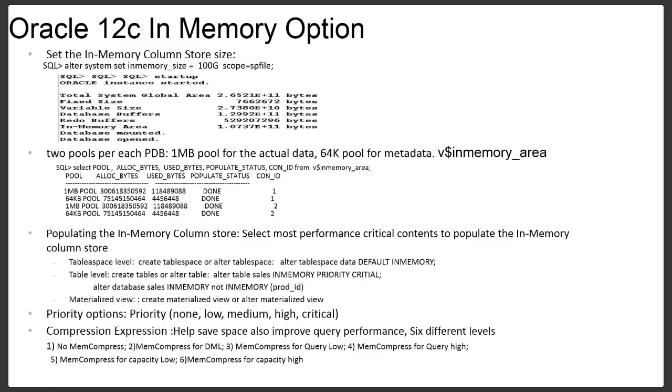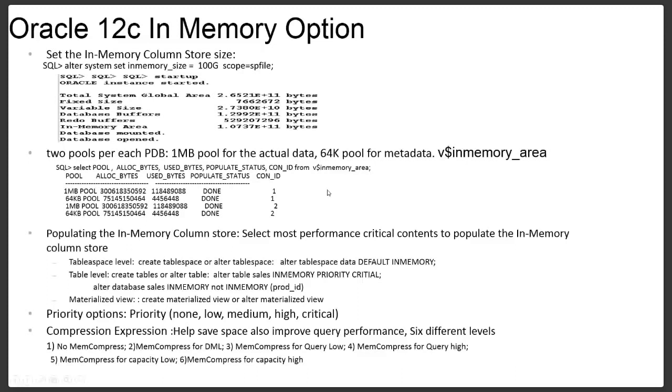So when you configure the in-memory, Oracle will allocate two pools for the in-memory, and this actually shows how the in-memory works with 12c R1 and the pluggable database. In each PDB, there are two pools allocated to store data. The first pool is to store the metadata.